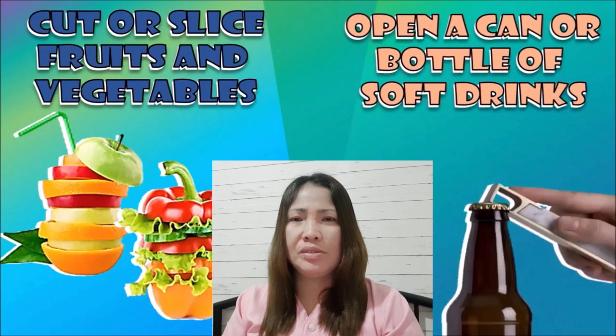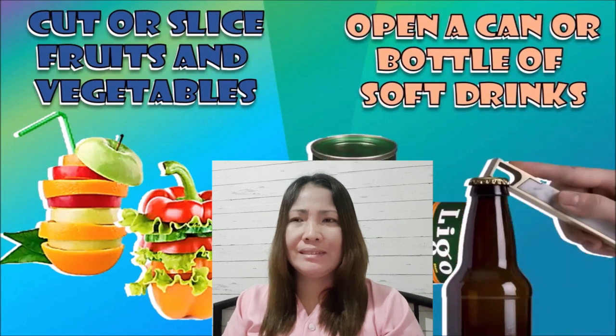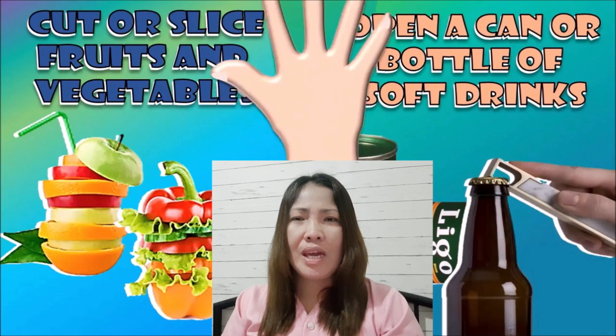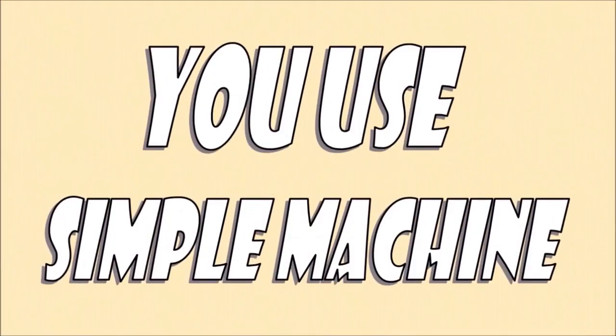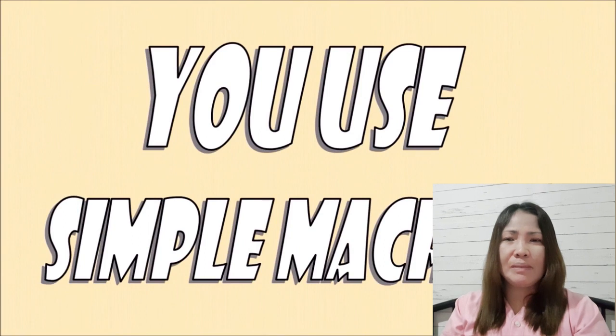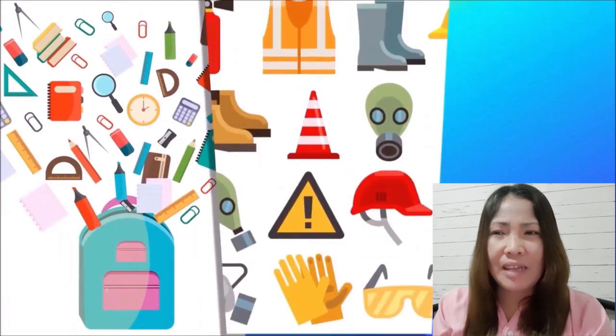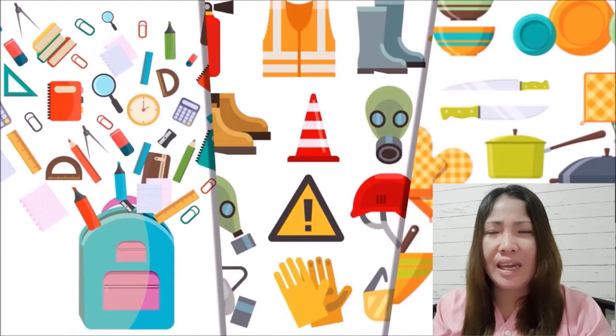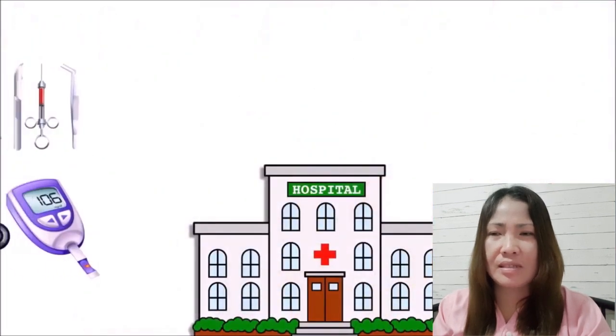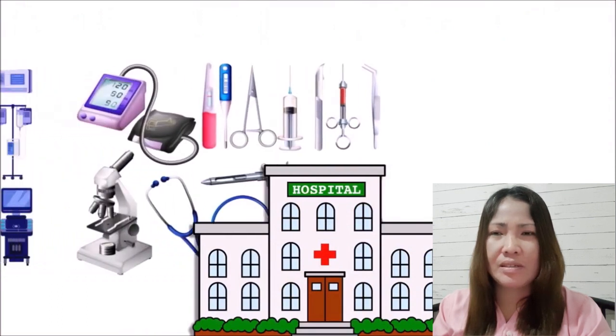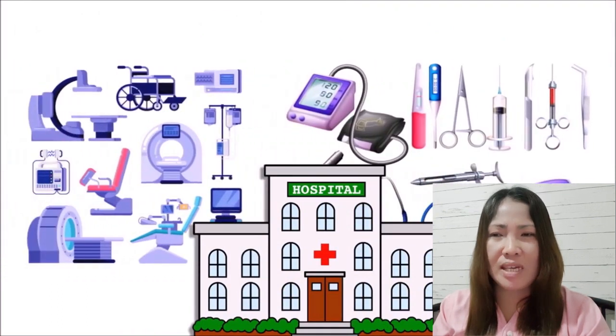If you cut or slice fruits and vegetables, or open a can or a bottle of soft drinks, we are using simple machines. We all use simple machines in our everyday activities, even in school, in industry, or in the kitchen. Clinics and hospitals also use machines.